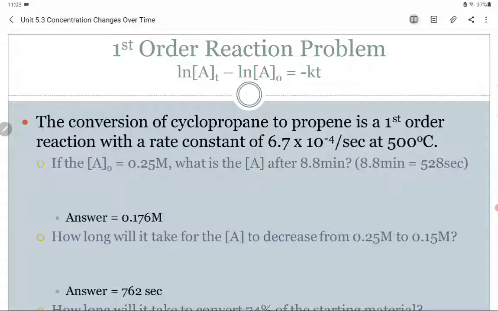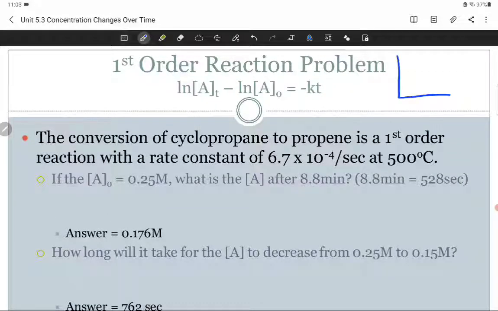So most likely, someone graphed the natural log of the reactant, the cyclopropane, versus time, and found that they have a straight line that would indicate first order.